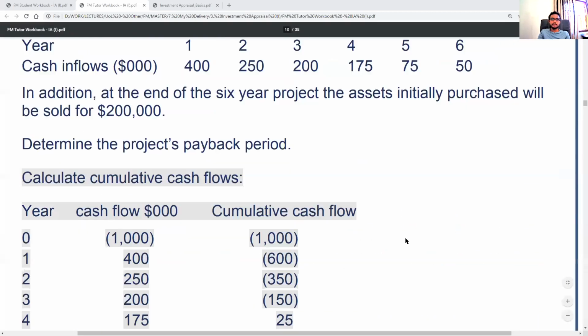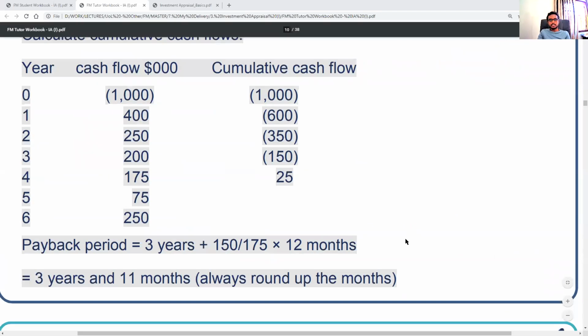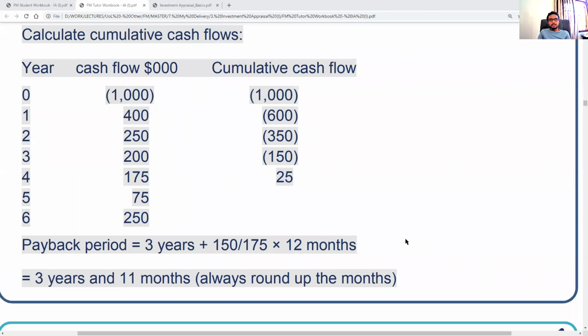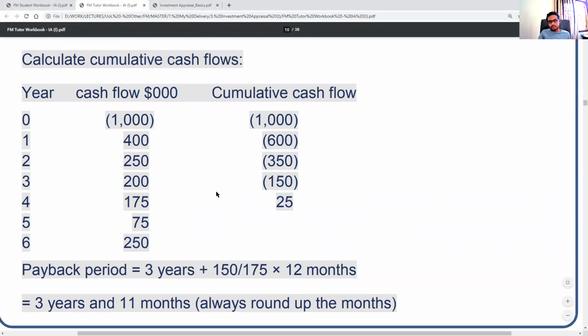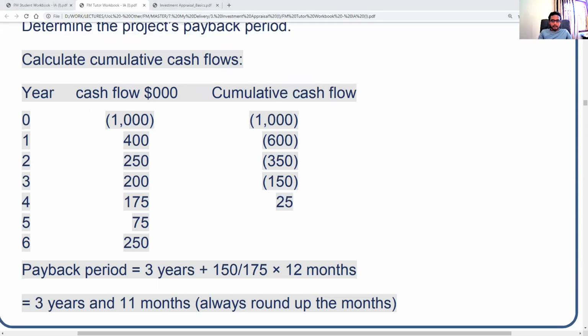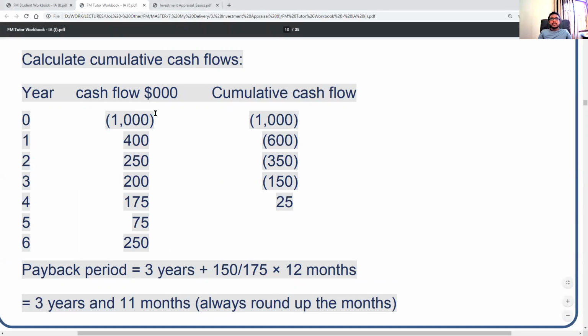Yeah, okay, here we go. So it's 3 years, correct, right? 3 years, and so this is the table. I told you we might have to go with the tabular approach, especially if it's not an annuity. Ideally, you start with this.